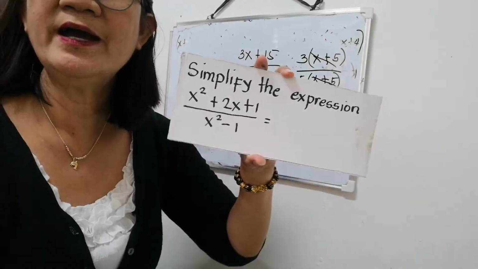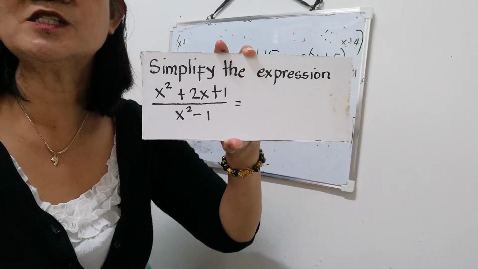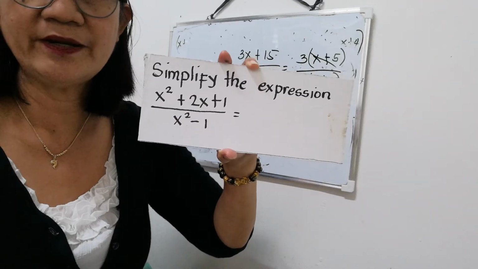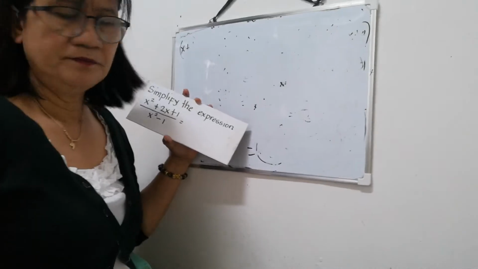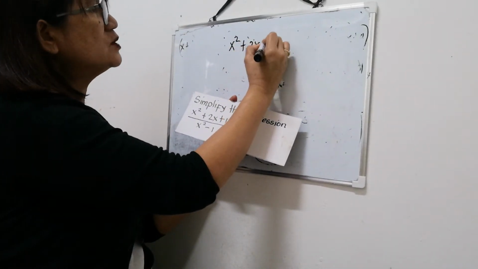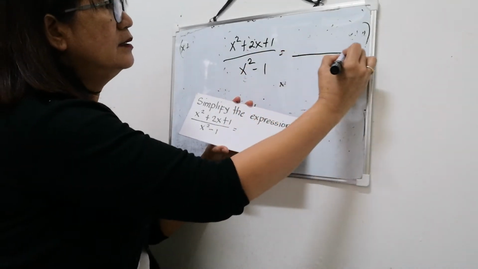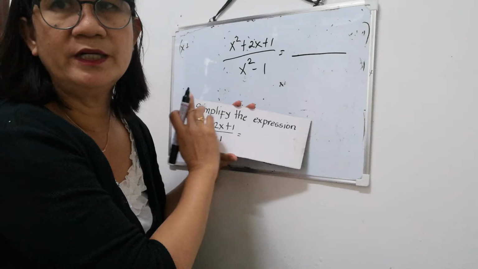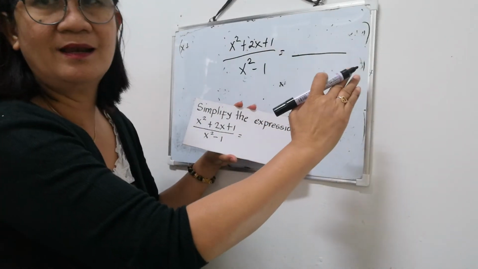Ayan, simplify the expression x squared plus 2x plus 1 all over x squared negative 1. Okay, so we will factor. When you look at the numerator, kung ipapactor mo yan, kailangan i-check mo trinomial.